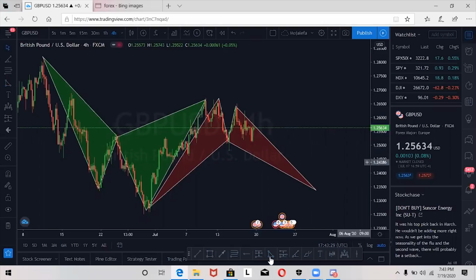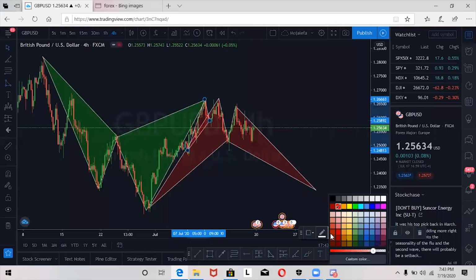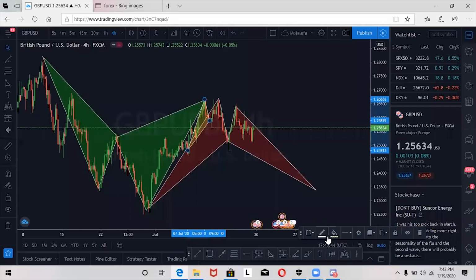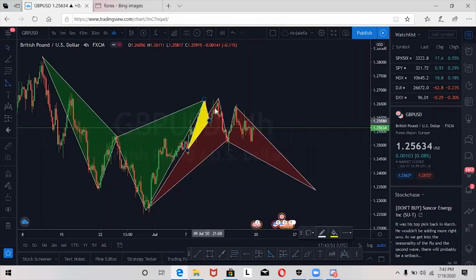It's so simple. And between these two triangles, you see, there was a pattern inside. Let me use yellow. And then another one is here. So you see, that's how simply it is, guys, to spot a harmonic.